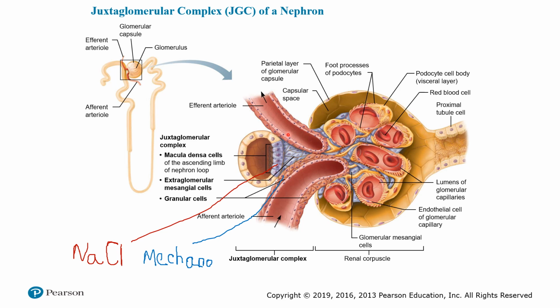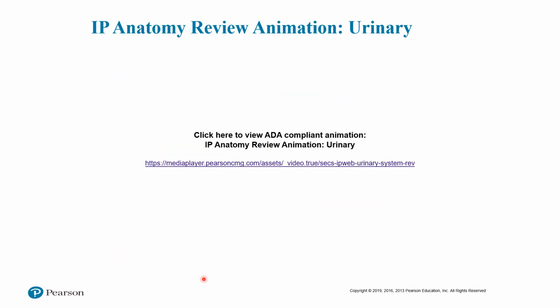So this apparatus is known as juxtaglomerular complex of the nephron. And I'm sorry about this, I didn't write it very neatly. This is all about the anatomy of the nephron, and you can go to this link and watch our video to have a clear picture of everything.